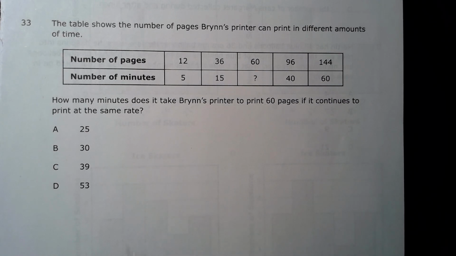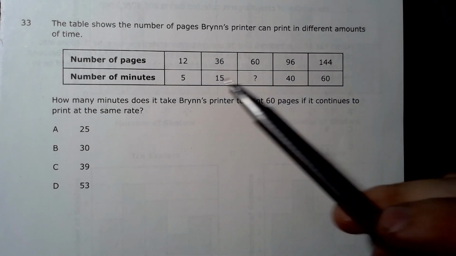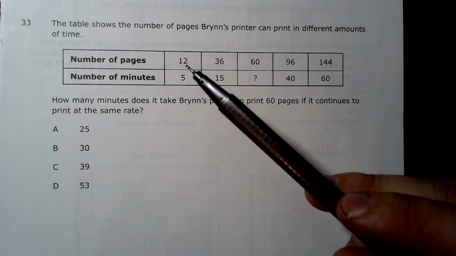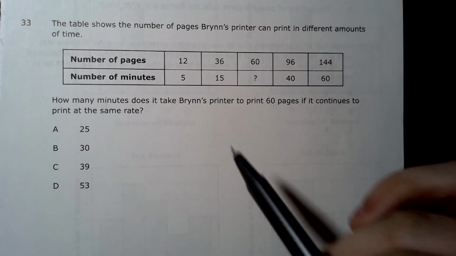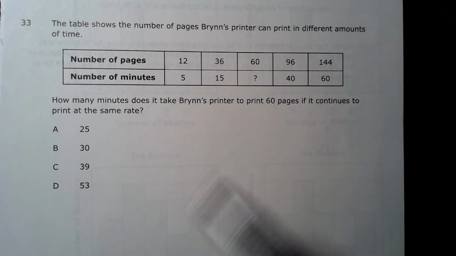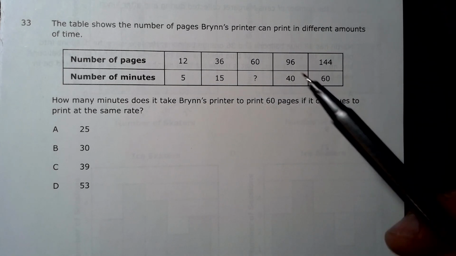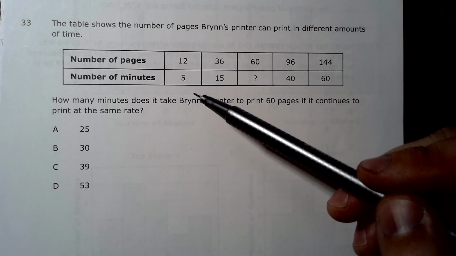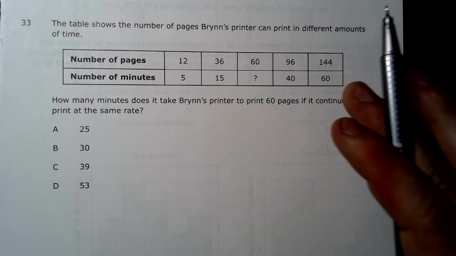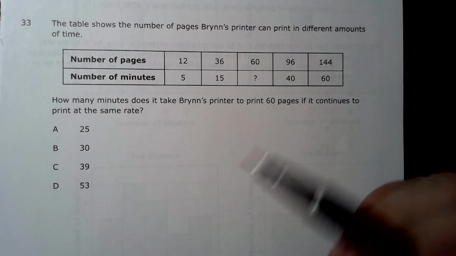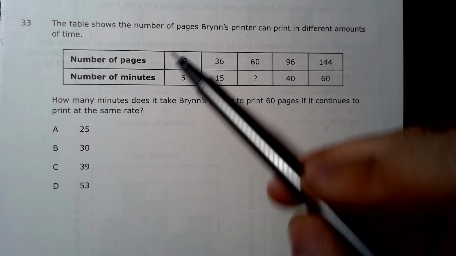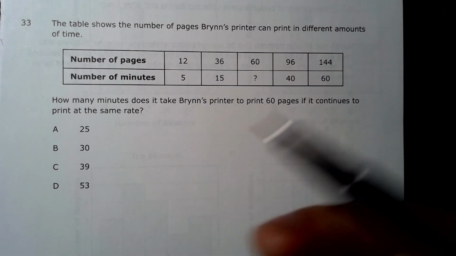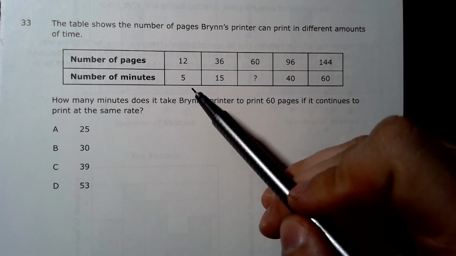Alright, so for this problem, it's kind of hard to tell. Based on a different problem where we had another table, you could kind of see, alright, I'm dividing the top number by something in order to get the bottom number. That can work here. You could say, alright, 12 is being divided by a certain fraction in order to get 5.